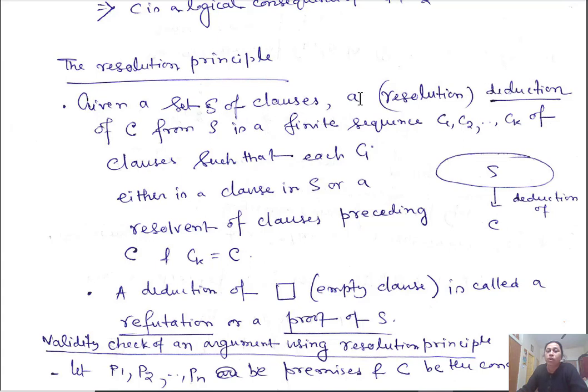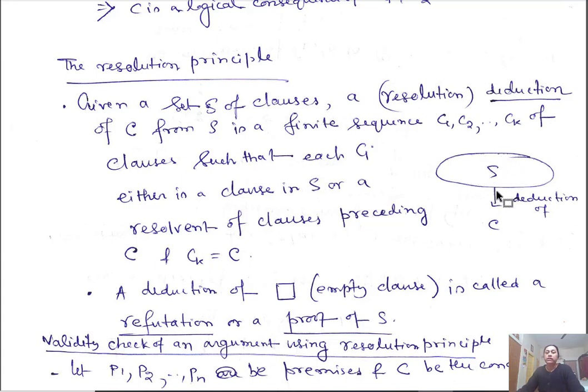Given a set of clauses, a deduction of C from S is a finite sequence C1, C2, Ck of clauses such that each Ci either is a clause in S or a resolvent of clauses preceding Ci, and the final Ck is C. So S is a collection of clauses.